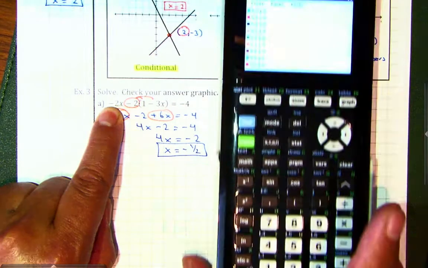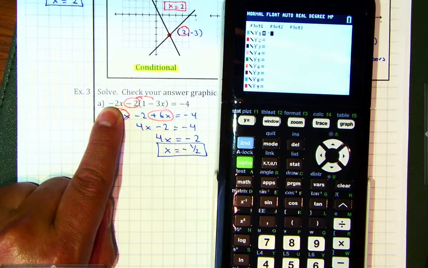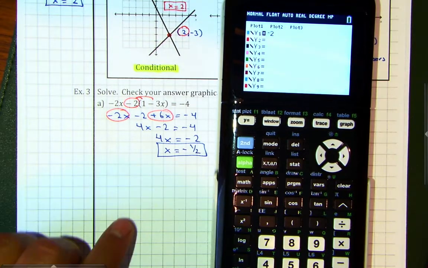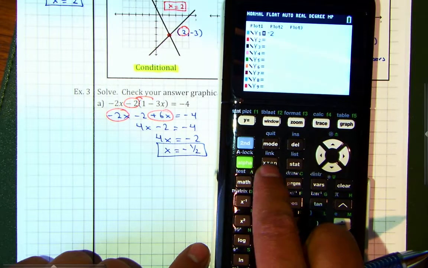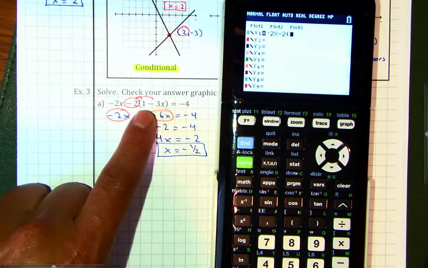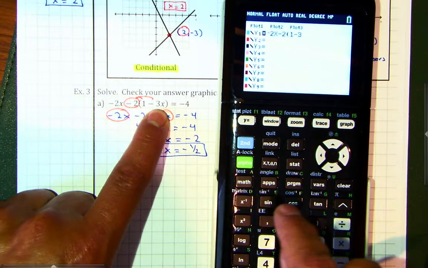On the first, there's a negative 2x. My x is here, not my times, but my x, my variable, minus 2, parentheses, 1 minus 3x.